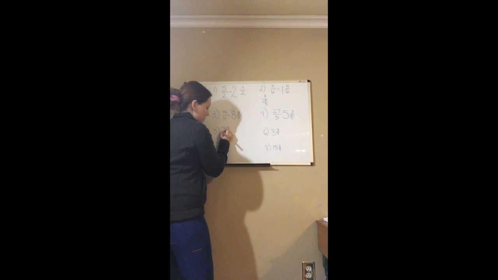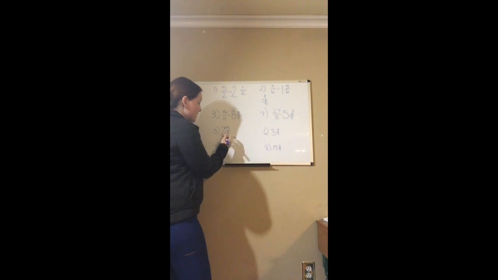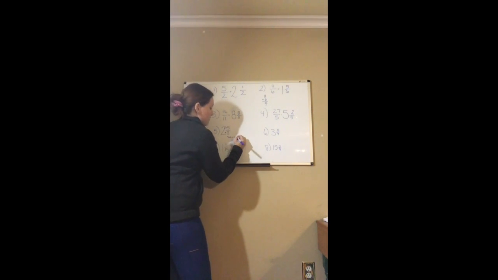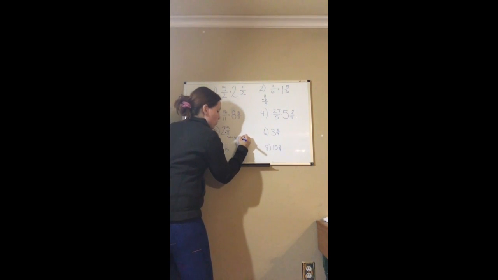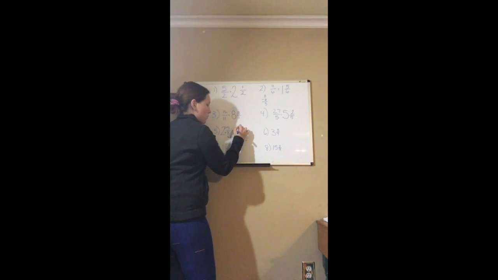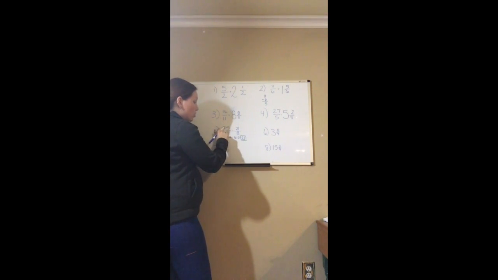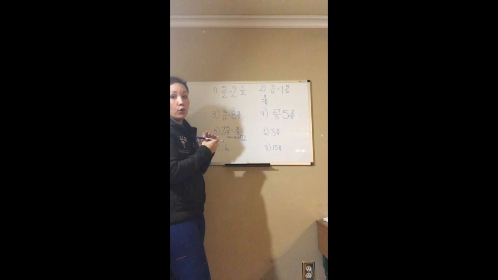So 8 times 2 equals 16, and then we add it to the top number, 16 plus 5, which gives us 21. This is our new numerator. So this becomes 21 over, we keep the same denominator, 8. So 2 and 5/8 becomes 21 over 8.